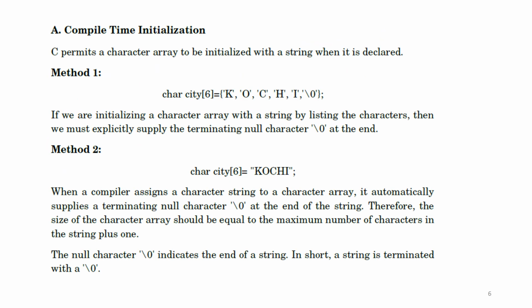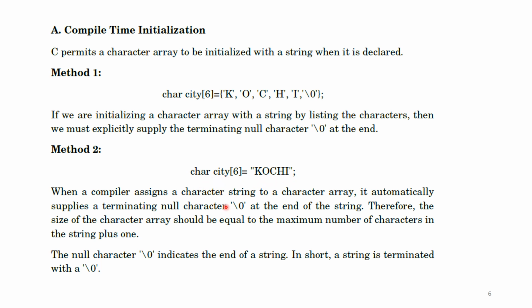First we will look at compile time initialization. C permits a character array to be initialized with a string when it is declared. This is one way to initialize a string to a one-dimensional array, that is by listing the characters and explicitly supplying the null character at the end. And this is another way.